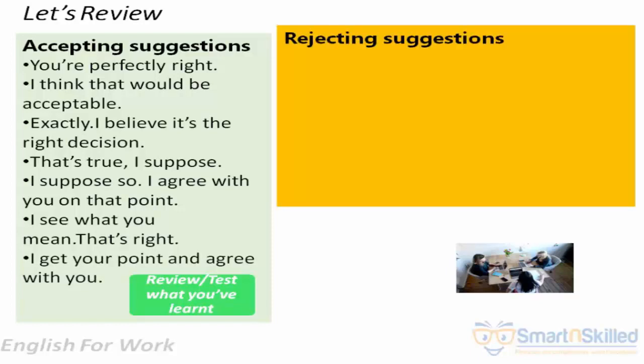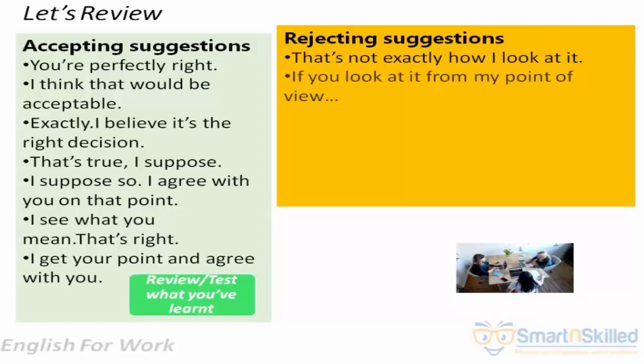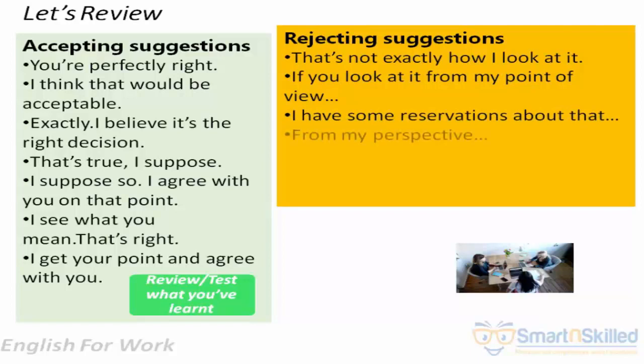Good. Now, rejecting suggestions, you can say, "That's not exactly how I look at it. If you look at it from my point of view." Or, "I have some reservation about that. From my perspective, I'm afraid we couldn't agree to that.